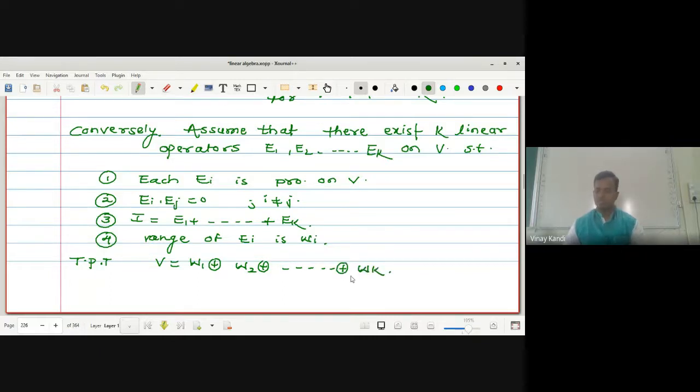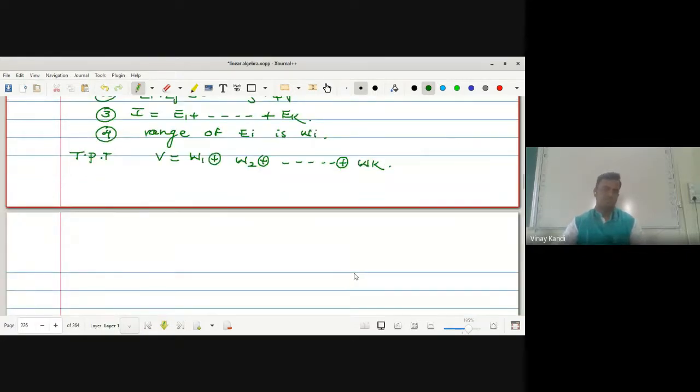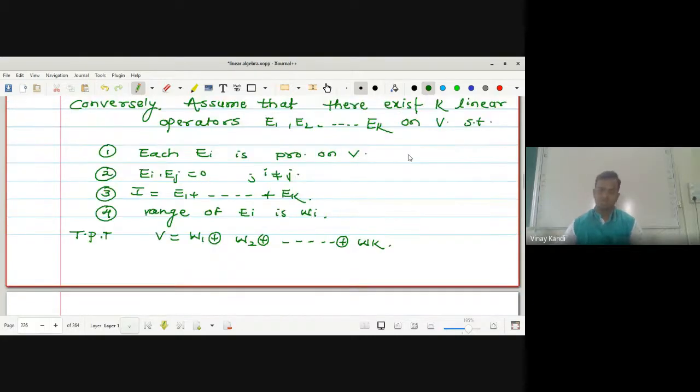Okay, any doubt up to here? No, sir. If we have to prove a direct sum, take the case of two: suppose V is equal to W1 direct sum W2. When is it a direct sum?